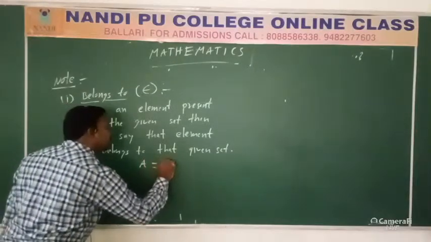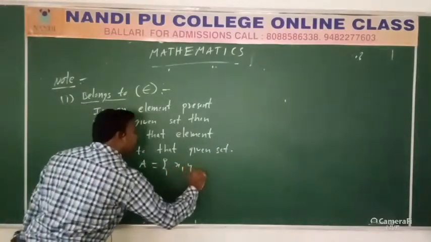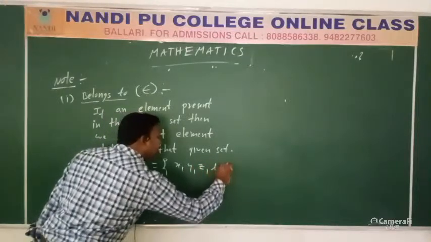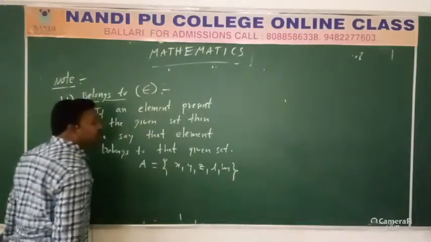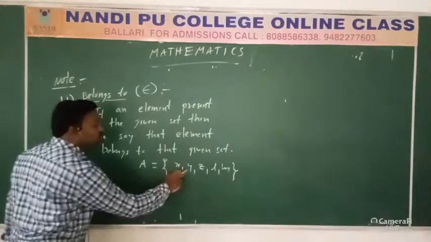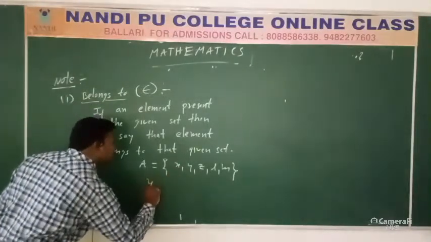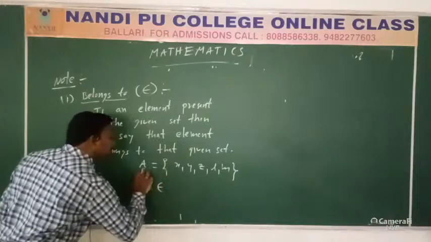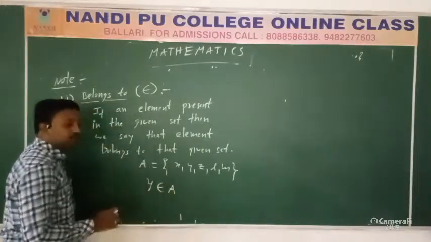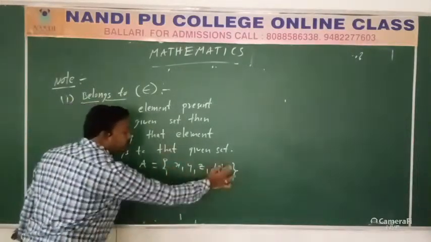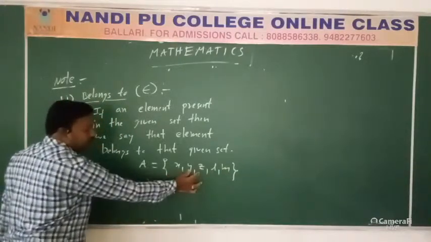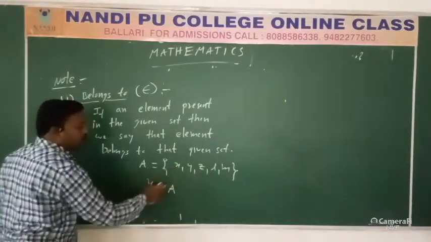So A is equal to x, y, z, l, m. If you take any element, suppose you take y, this y belongs to this set A. This element is present in the given set. Y is present here, so this belongs to this set.